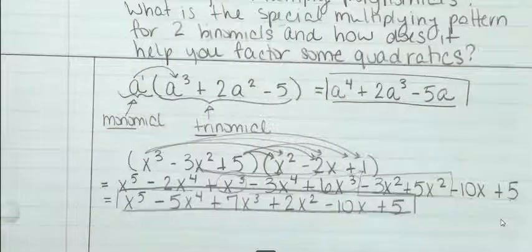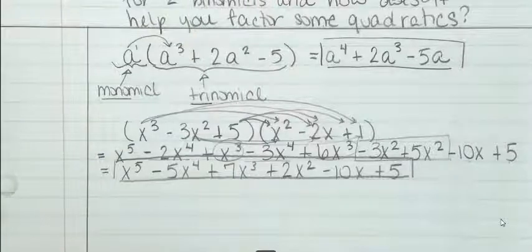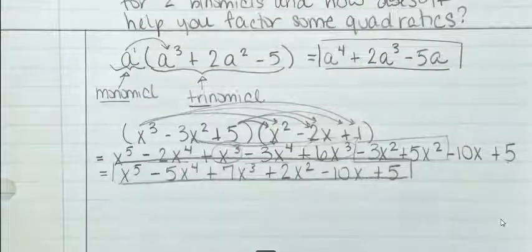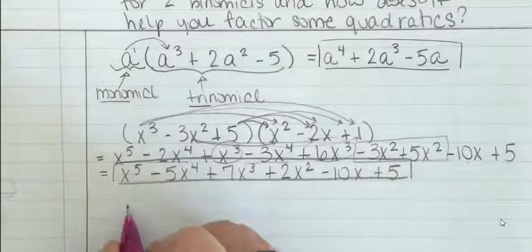Now there's a very special case of multiplying polynomials. So whether it's a monomial, a trinomial, a binomial, if you have one term or more, we call these polynomials, okay? So when you're multiplying polynomials, there is a special case.